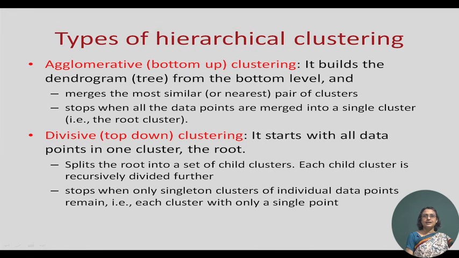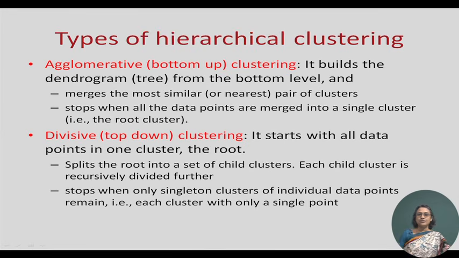In agglomerative clustering, we build the clusters from the bottom level. That is, initially we are given m objects, and we assume that every object is a cluster of its own.